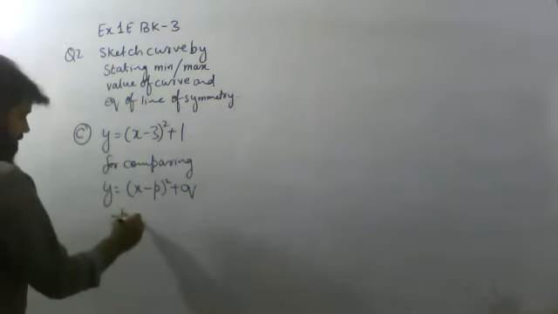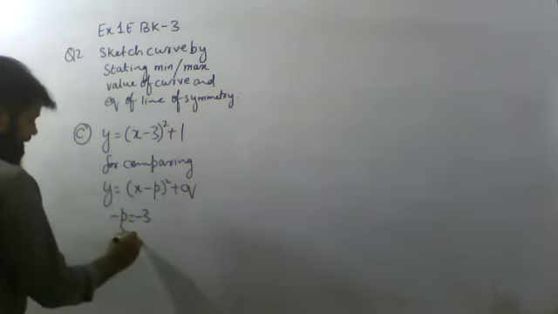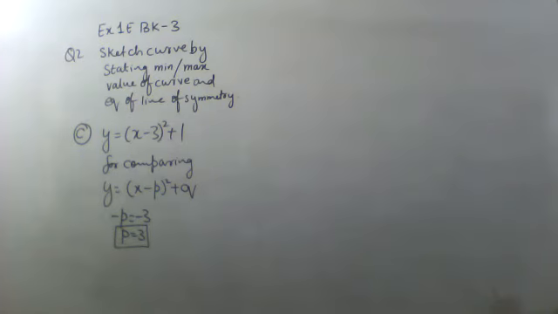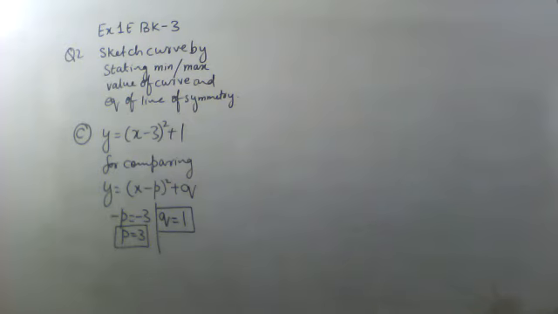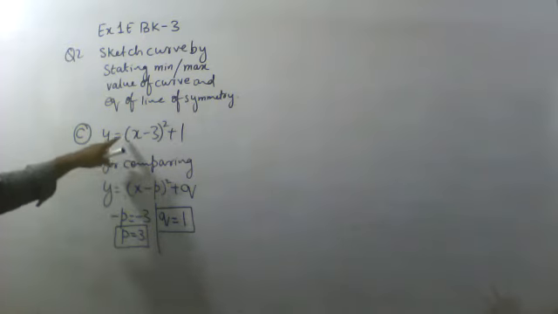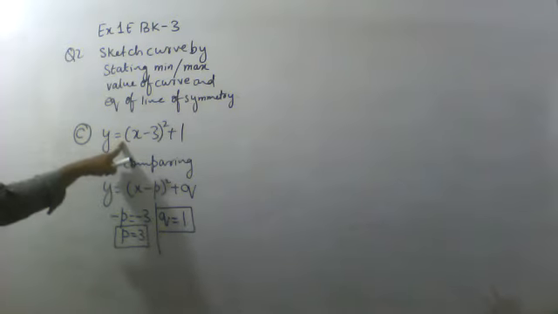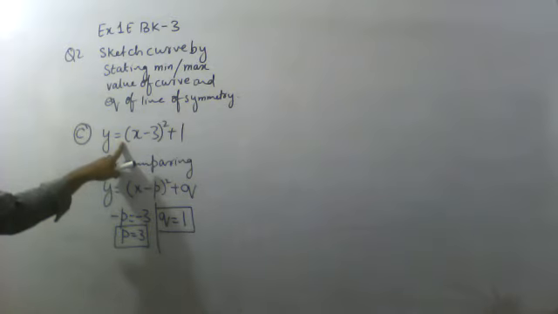So I will be writing minus p equals minus 3, so the value of p is 3. Then this is q and this is 1, so q equals 1. Now outside the bracket I have no sign, which means it's a plus sign.